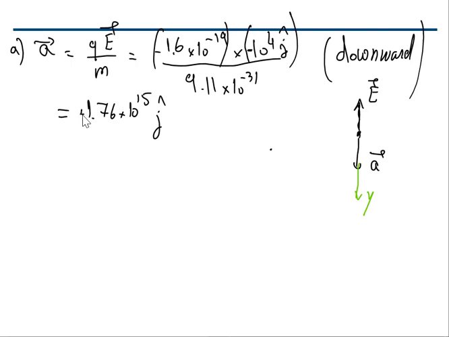So it will be plus here. No need to write plus or minus, so directly this. This is our acceleration, with the magnitude equal 1.76 times 10^15 meter per second squared. Very nice.